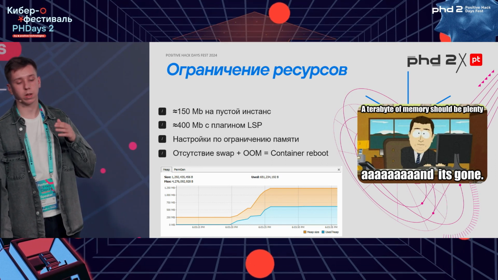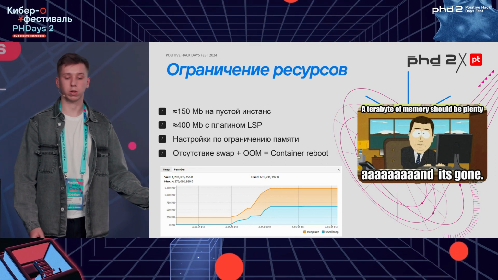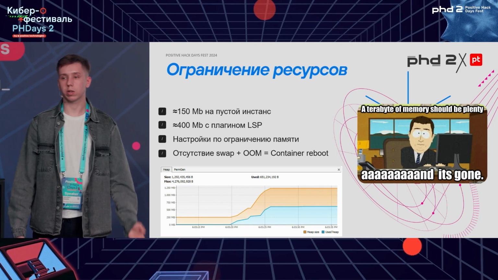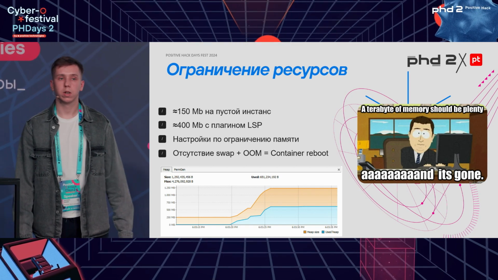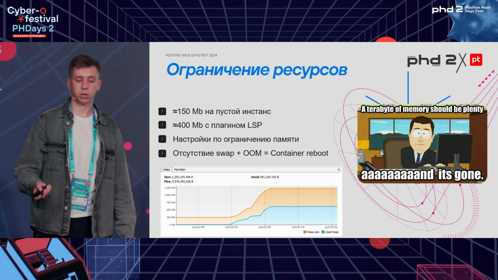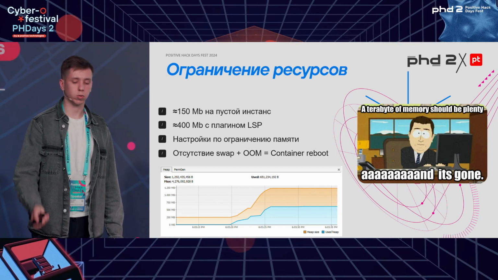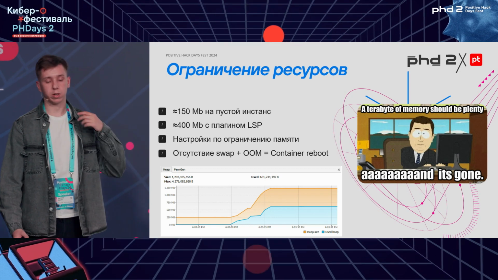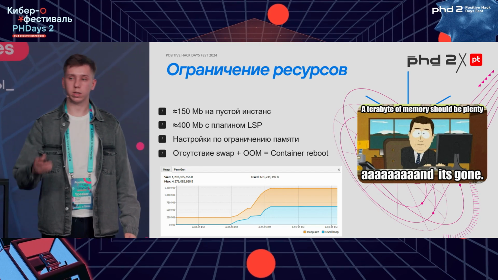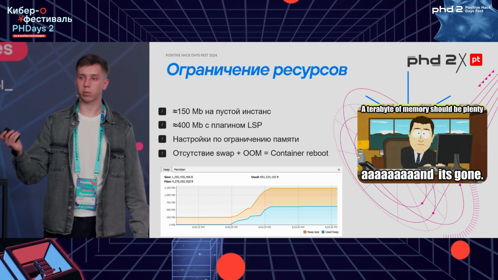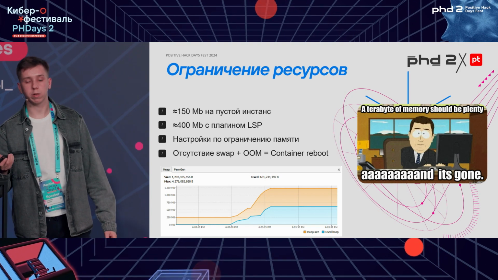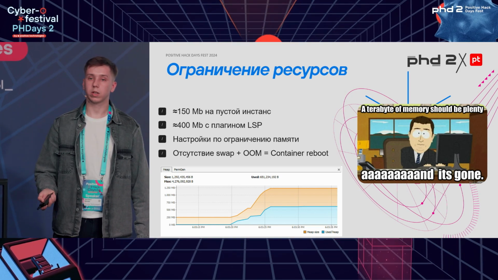So if you add the LSP plugin and a small project, it's more like 400 megabytes. Now, what this means is that a system like this will require some resources, depending on the number of users. So 400 megabytes is still like an empty project.